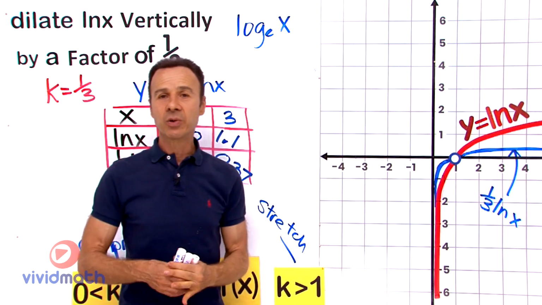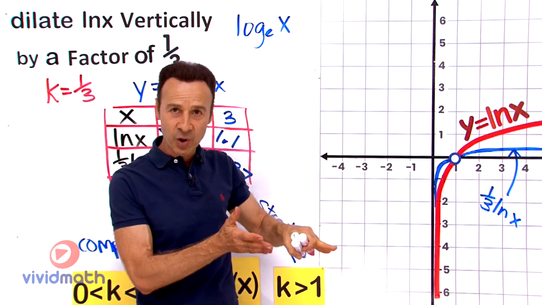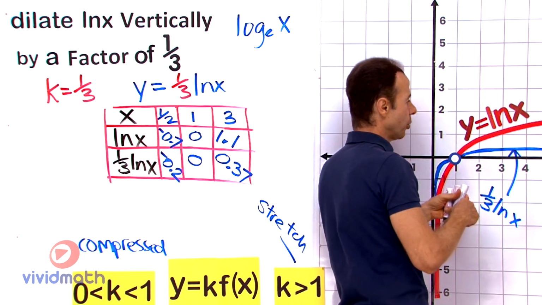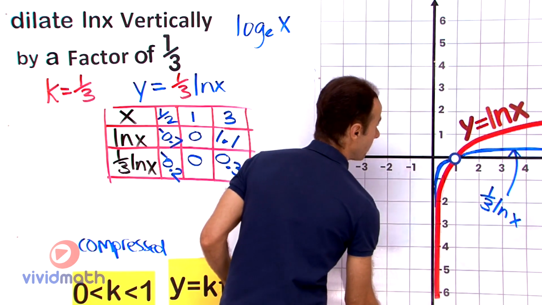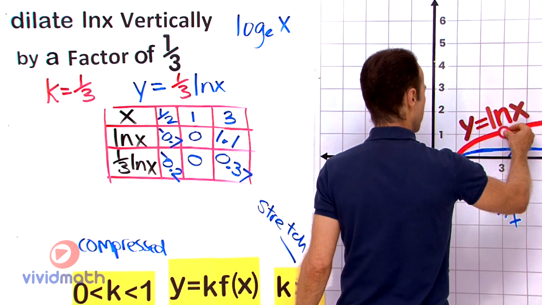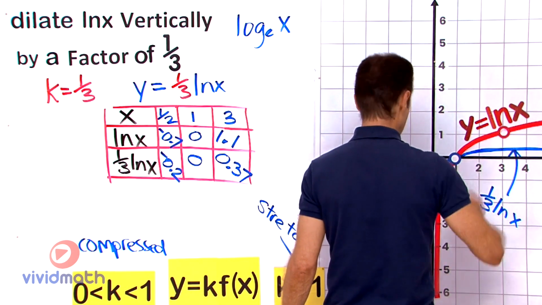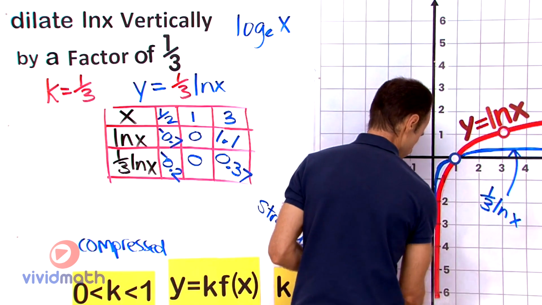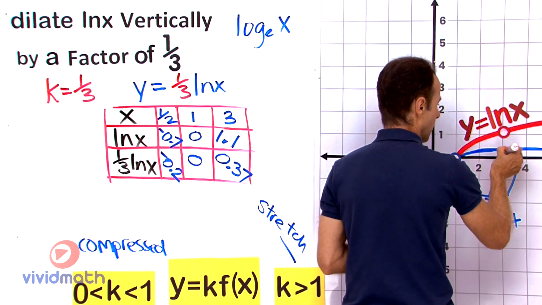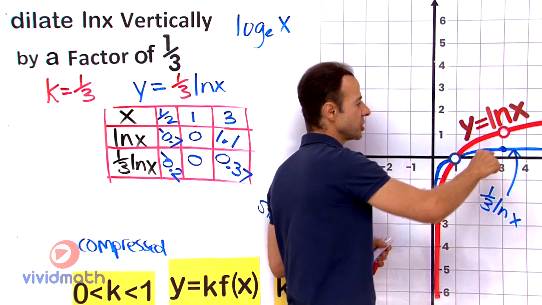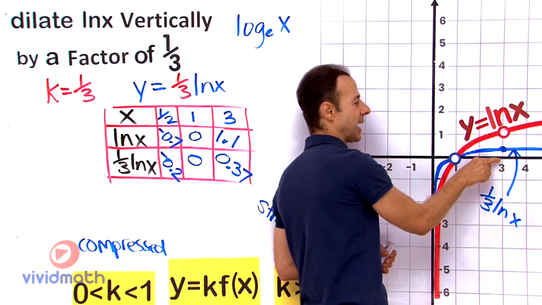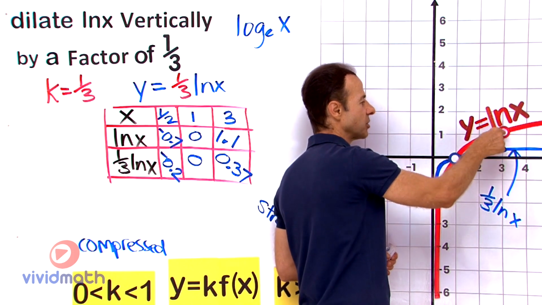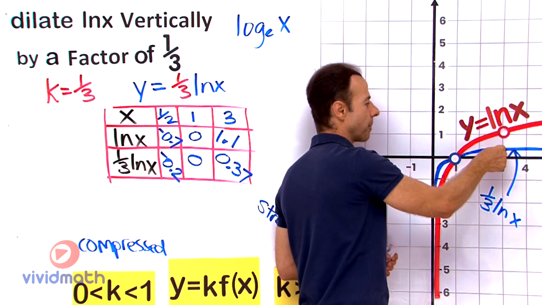By how much? Well, this is a good rule of thumb because the y values have gone down. If I draw a vertical line through here, let's say I pick a point up here at x = 3 on ln x, and compare it to this point just below, the distance between the x-axis and the point on 1/3 ln x, compared to the distance to ln x up there, is approximately 1/3.